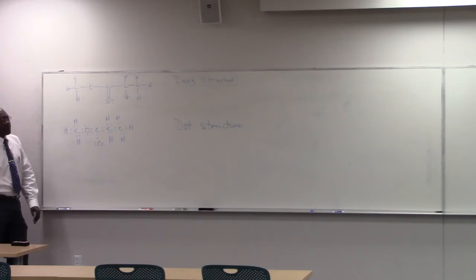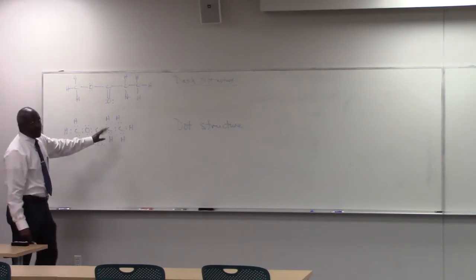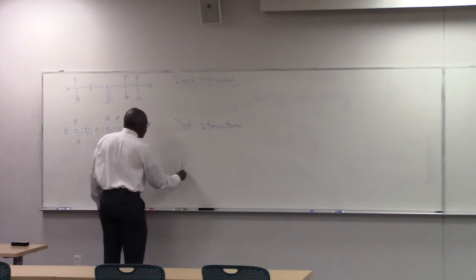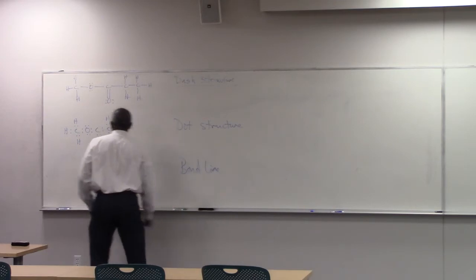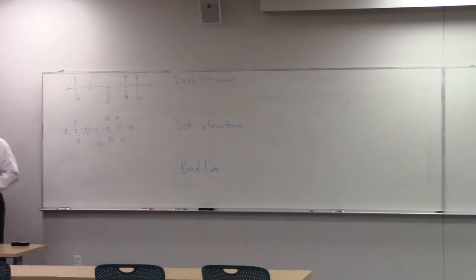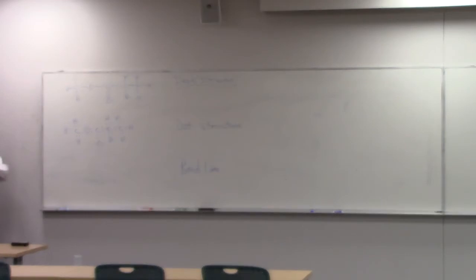What we will do moving forward is use really neither one of these. We're going to use what's called the bond line structure. What the bond line structure does very cleverly is represent carbons as points, and we're going to show all the heteroatoms in the molecule, but none of the H's attached to carbon, with one exception, which we'll talk about in a second.